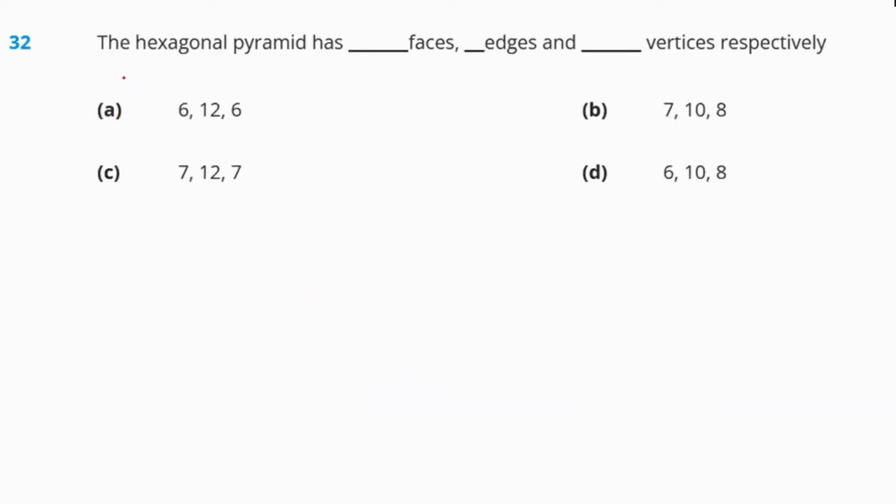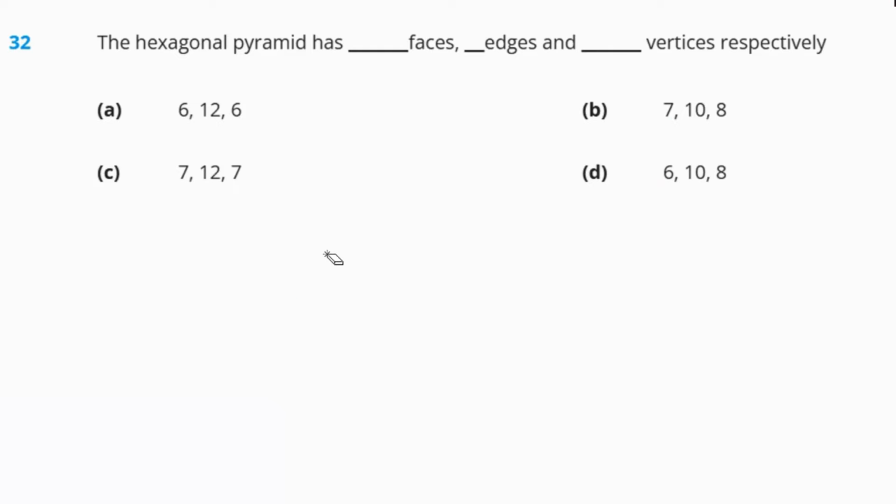Next question. The hexagonal pyramid has dash faces, dash edges, and dash vertices respectively. So here, hexagonal pyramid. A hexagon is a figure with 6 sides.